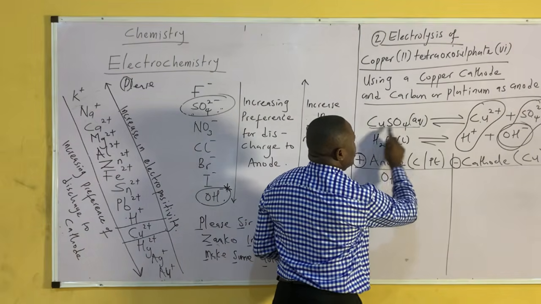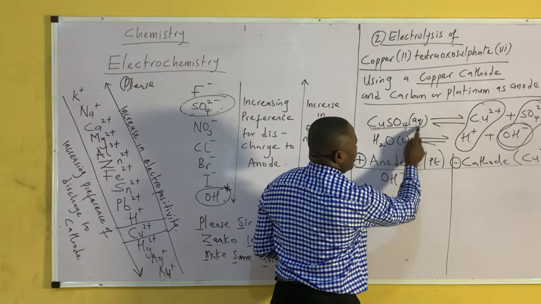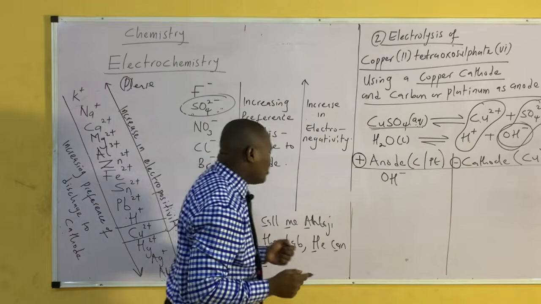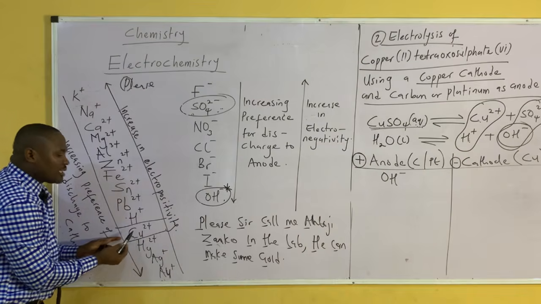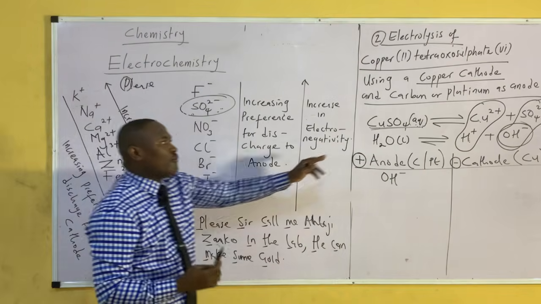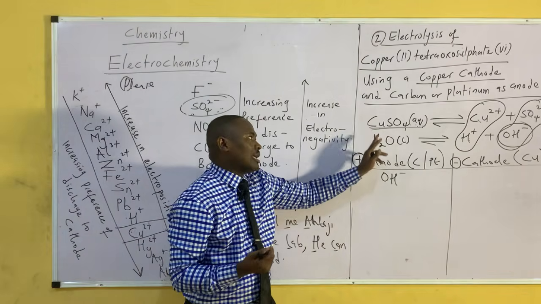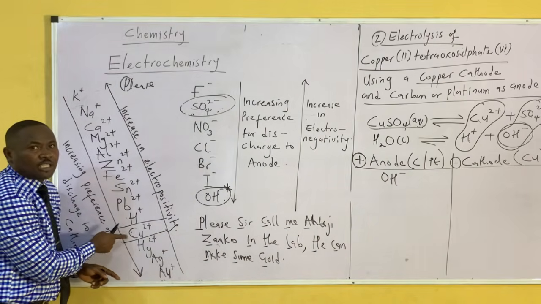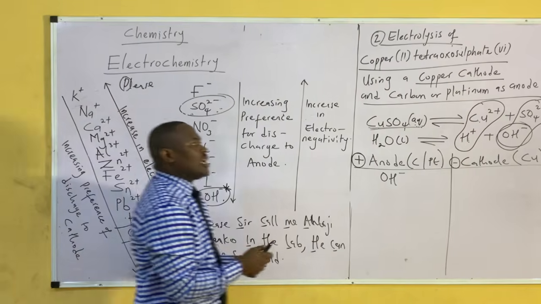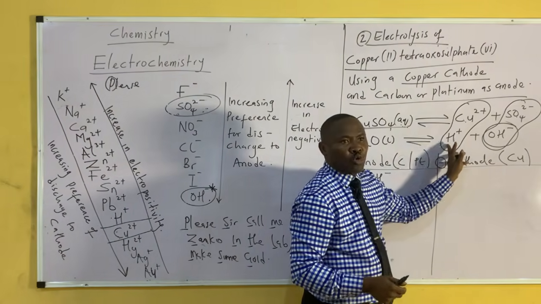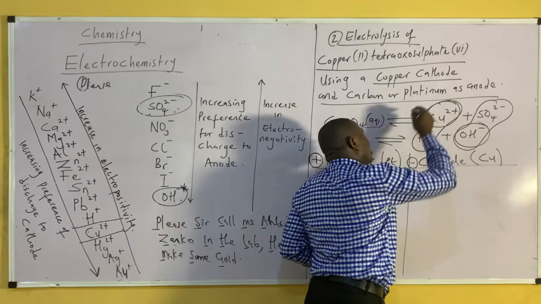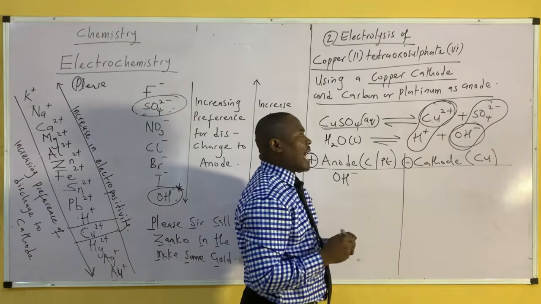Concentration, copper is too aqueous. So copper is more concentrated than hydrogen. But you still see it again. Copper, which is more favored in terms of concentration than hydrogen, is also more favored than hydrogen in terms of position. Hence, instead of hydrogen to go, copper will go. So copper is preferentially discharged over hydrogen.